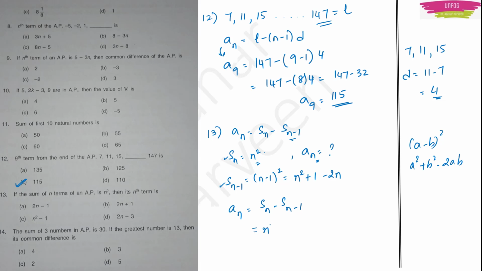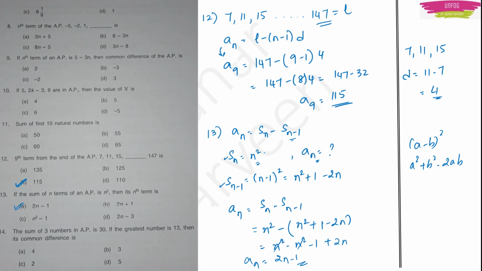What is Sn? It is n square minus, don't forget to write this bracket or else your answer will go wrong. Okay. N square plus 1 minus 2n. So you get n square minus n square minus 1 plus 2n. So this n square will get cancelled and your An will be 2n minus 1. 2n minus 1. Option A will be the right answer. Okay.